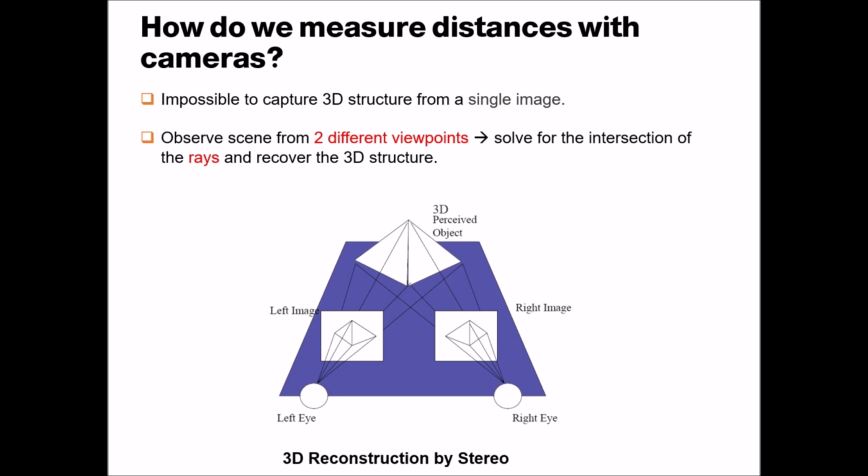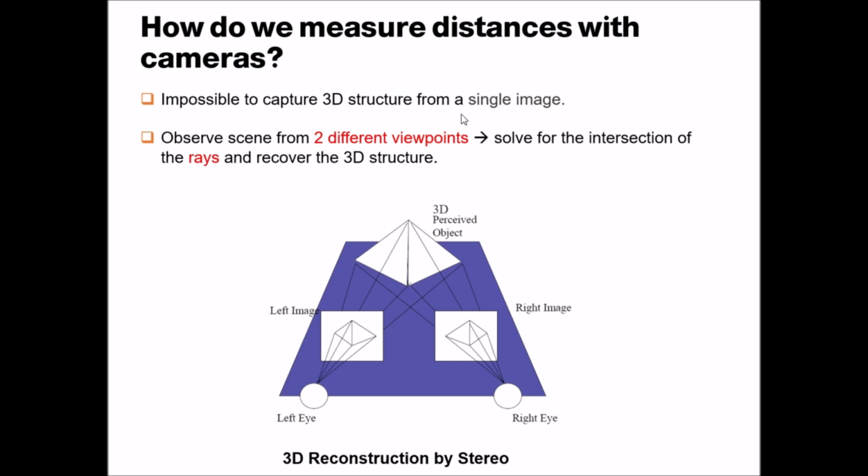So what is the idea of measuring the distance? How do we measure distances with cameras? Okay, in general it's impossible to capture 3D structure from a single image. If you have only one image, it's difficult to get 3D information from it.